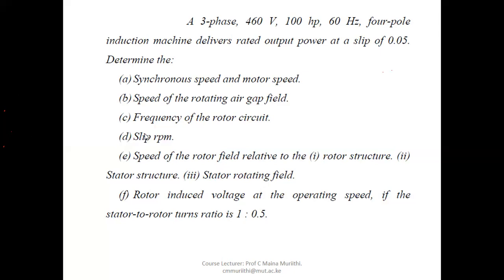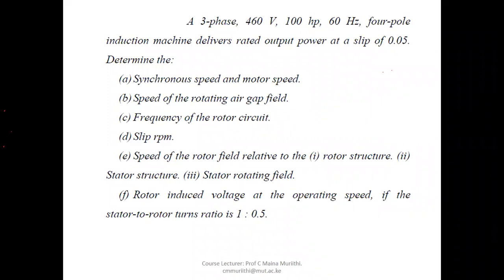The slip RPM is now the difference between the two speeds, the synchronous speed and the motor speed. And then part E, having understood what is happening on the stator side and on the rotor side, we are able to judge part E. What is the speed of the rotor field relative to the rotor structure? Remember, there's a field rotating, and the rotor structure is also rotating.